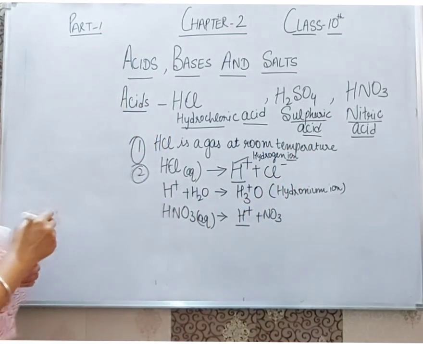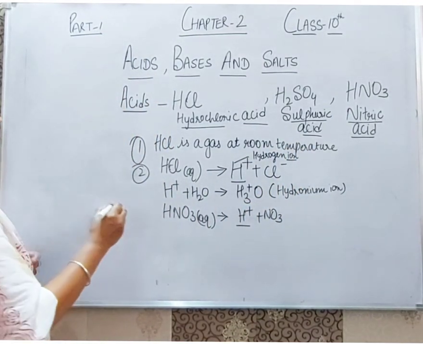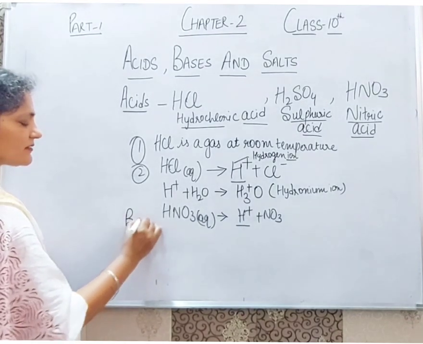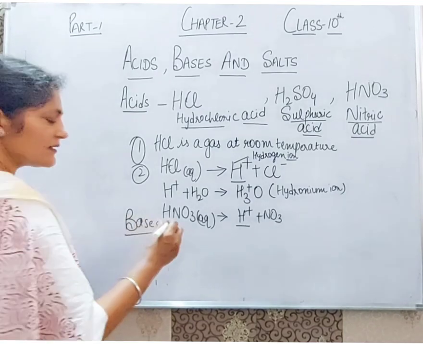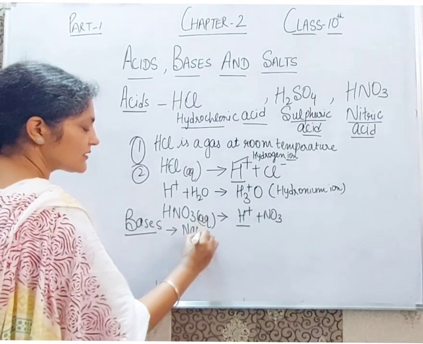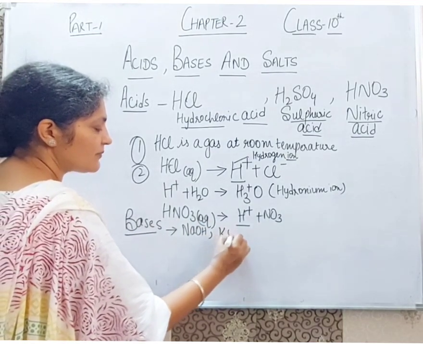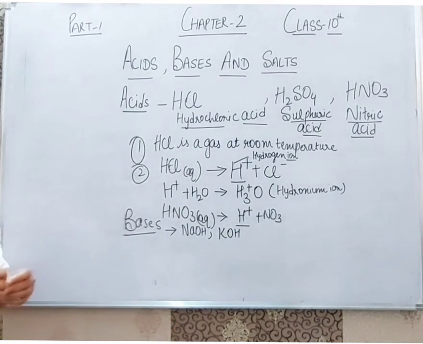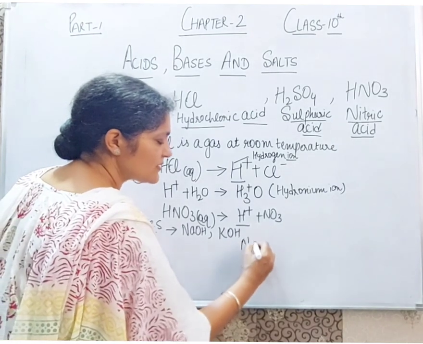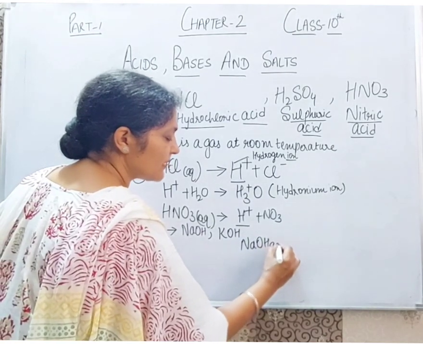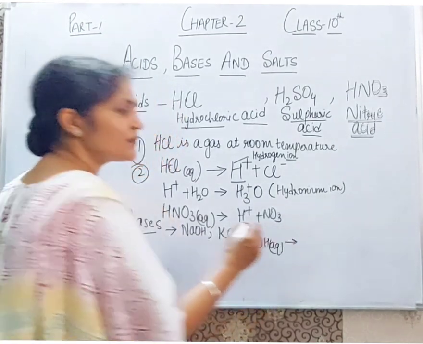Now we come to the second point, that is about the base. What are bases? I will write some bases, that is sodium hydroxide. We can also write potassium hydroxide. Now what do they do? The aqueous solution of sodium hydroxide. What is aqueous solution?